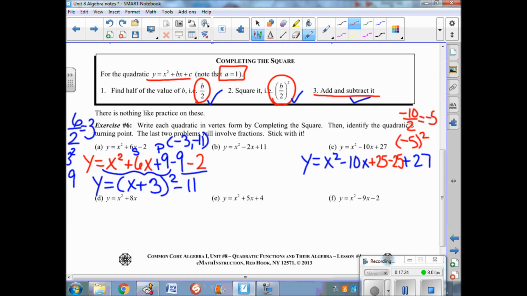Now I put those in red to show you that that's really 0. So we haven't done anything different to the equation. The equivalency stays the same. So we group them. There's our perfect square trinomial.